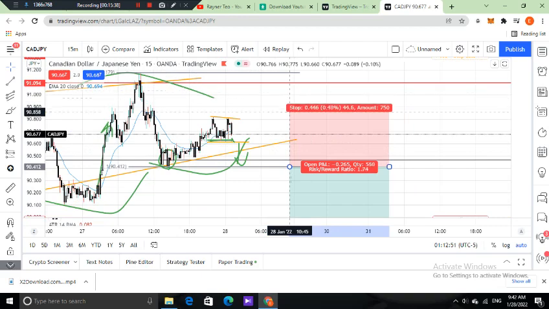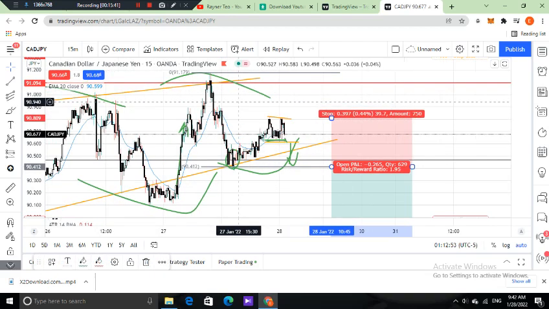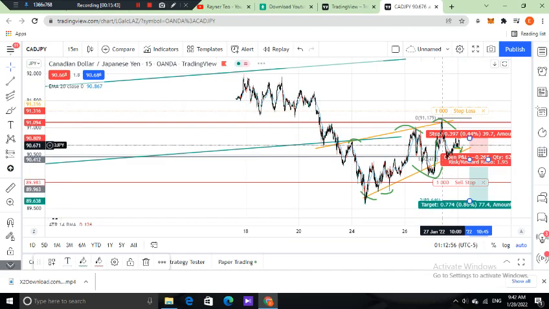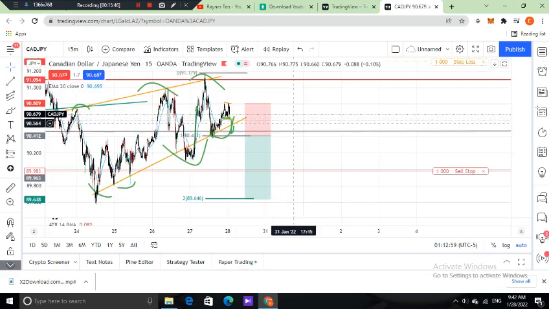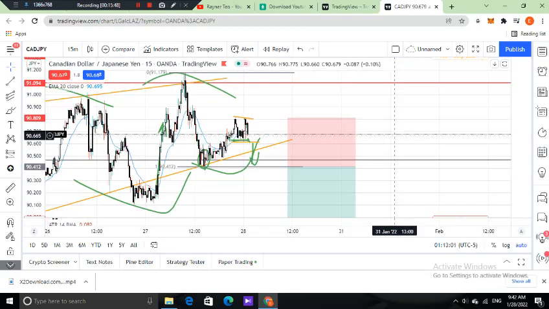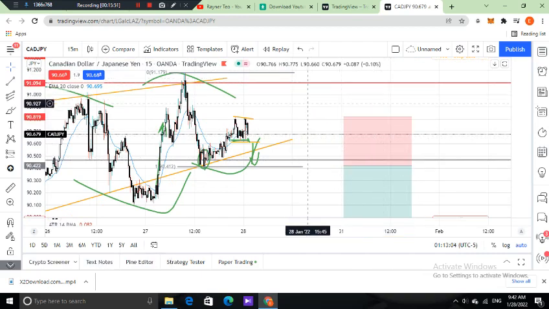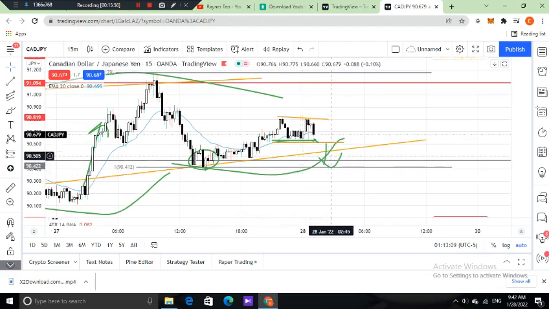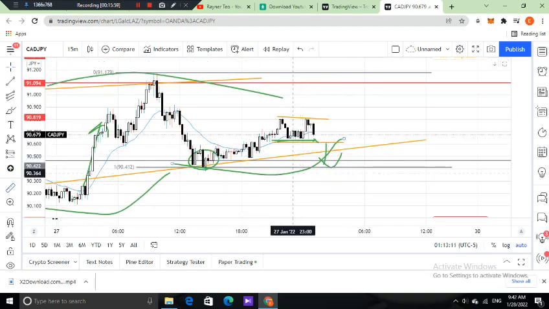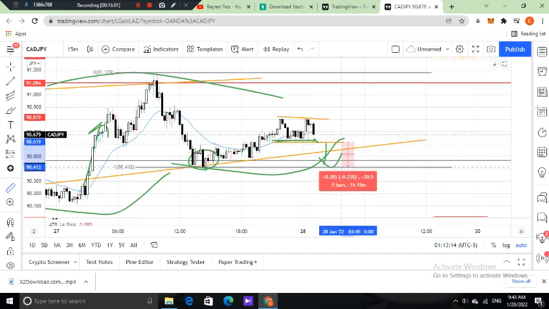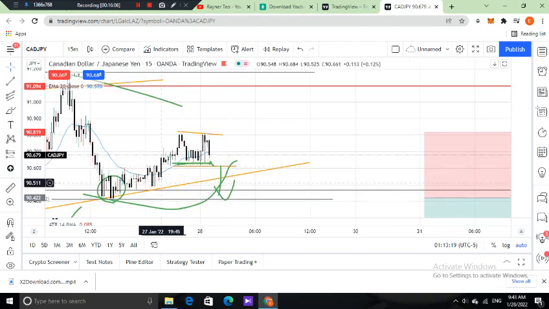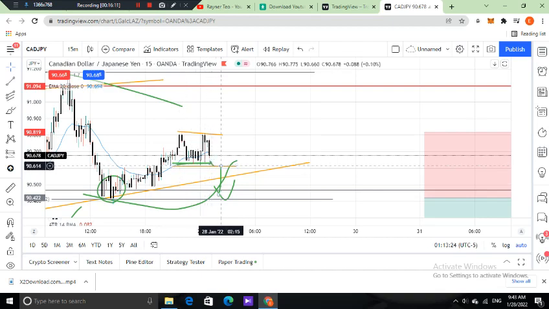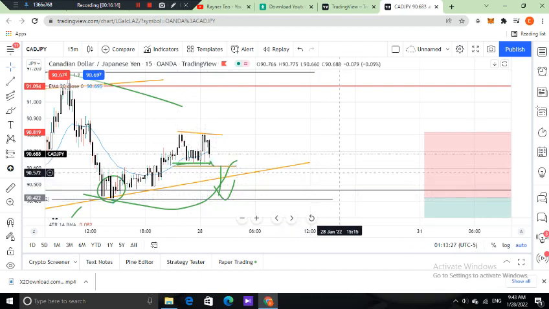But I usually prefer to put it above this top and get a better risk to reward ratio. In the short term, you can also get this one, 20 pips profit, the distance between this and this level.